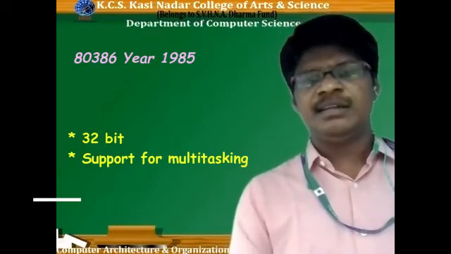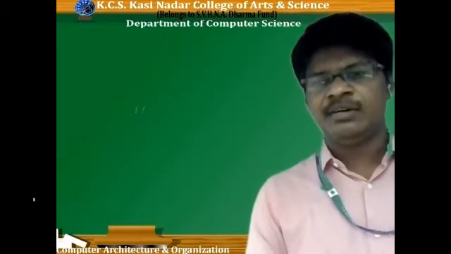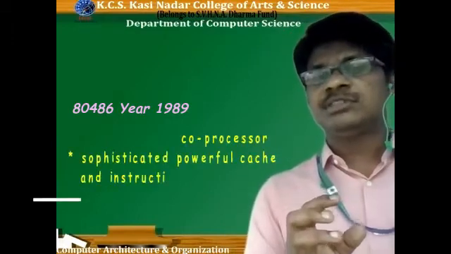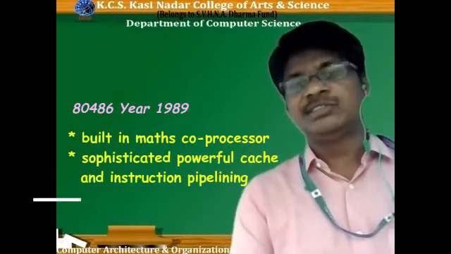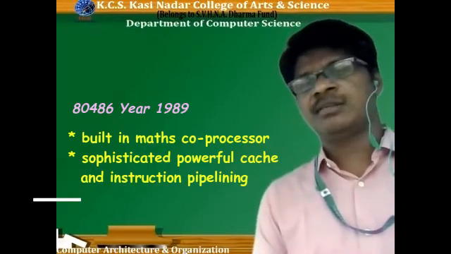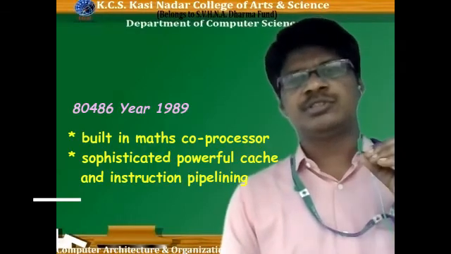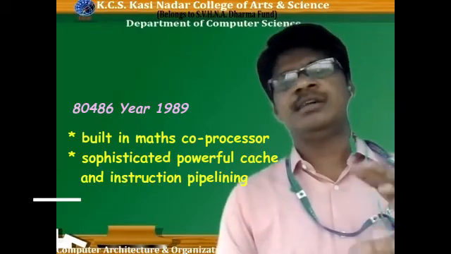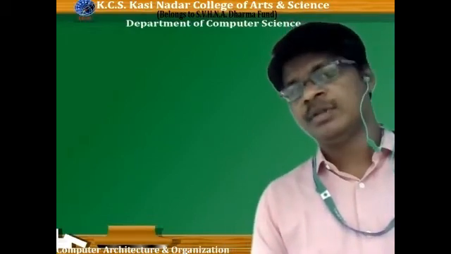In the year 1989 they invented the 80486, the fifth generation of processor, the first processor with a built-in math co-processor and a sophisticated, powerful instruction pipeline. So these are the first 5 generations of the Pentium processor.